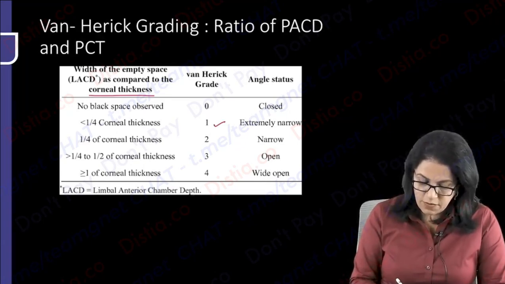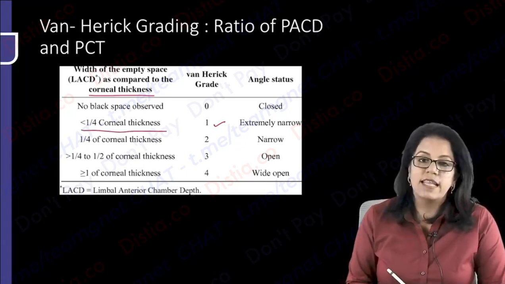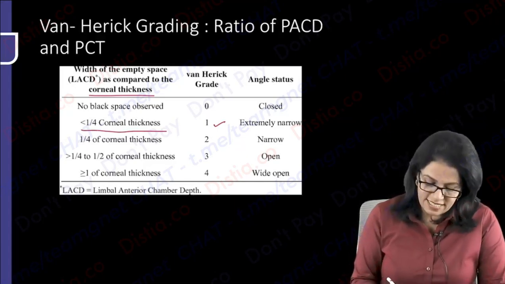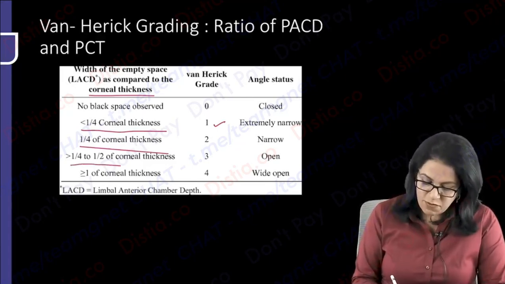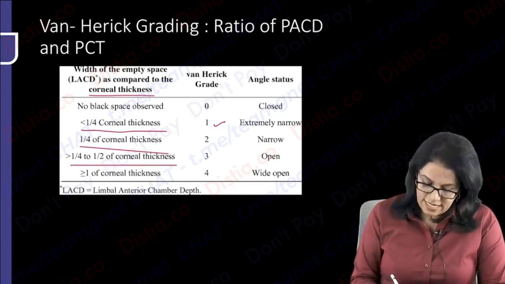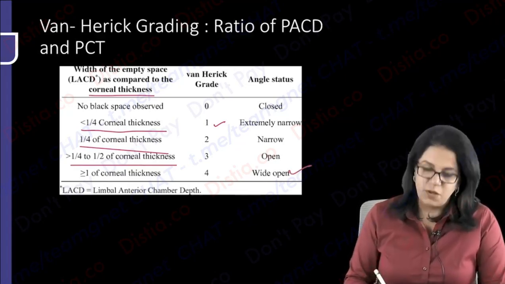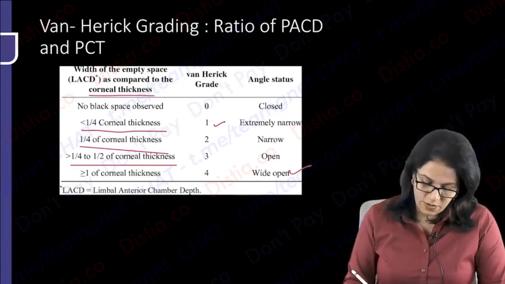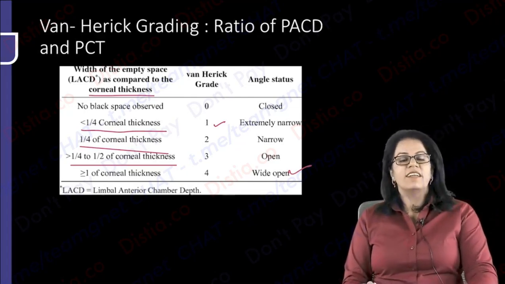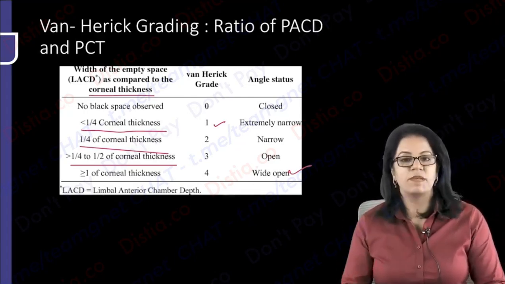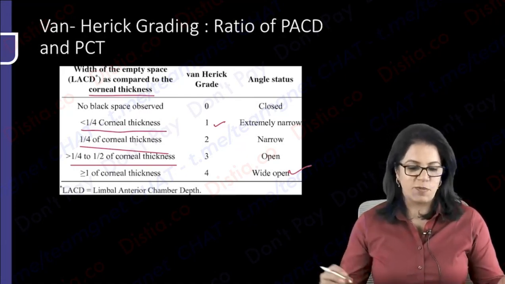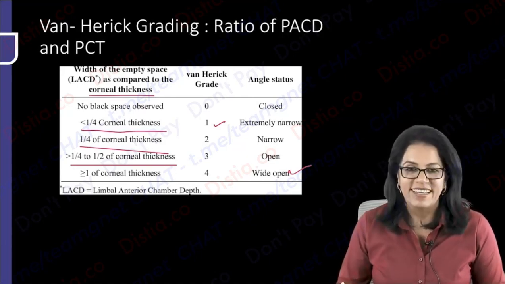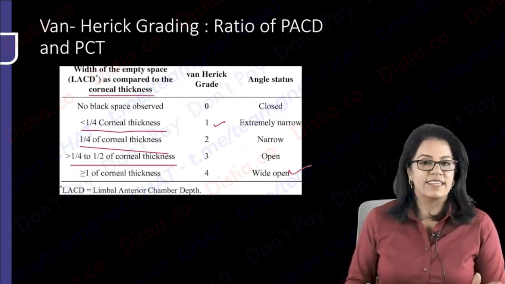What you have to remember is whether this space is less than 1/4 of corneal thickness, equal to 1/4, or more than 1/4 up to half, and equal to corneal thickness will be wide open. Again, don't put too much time in learning the grading. It has not been asked yet, but we are preparing ourselves for some surprises as well, right? So that is Van Herrick grading.